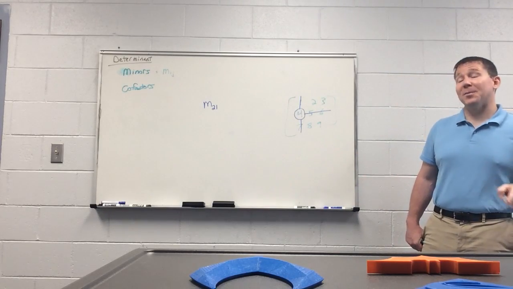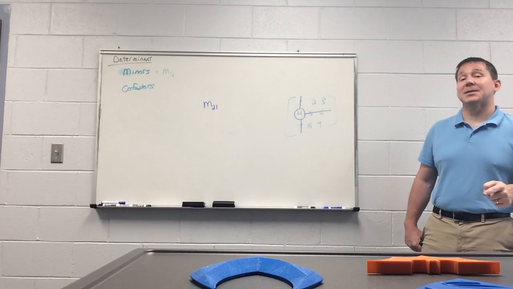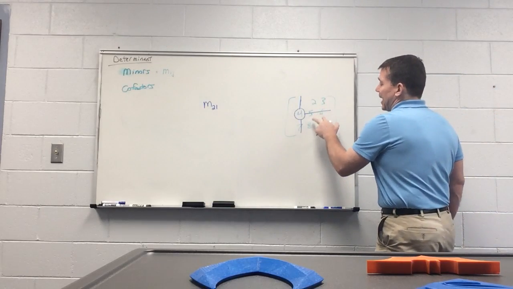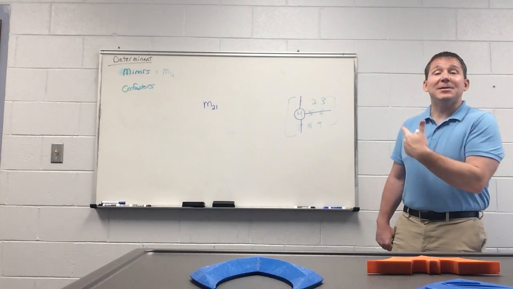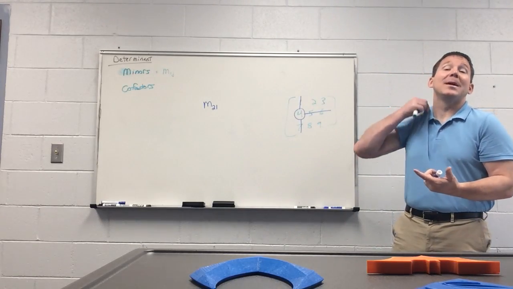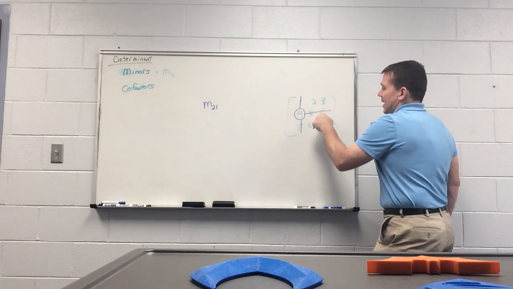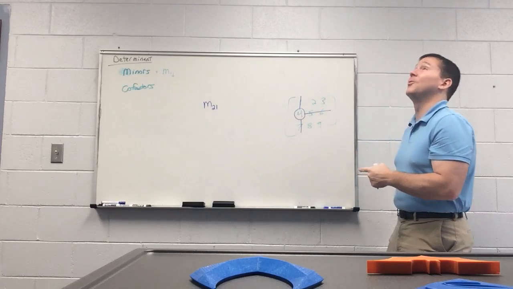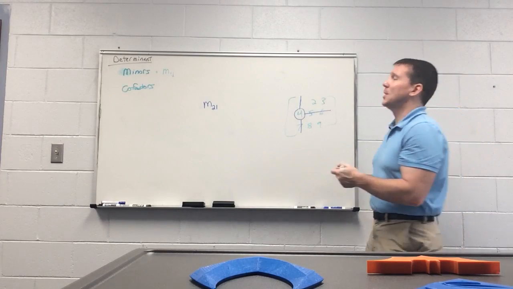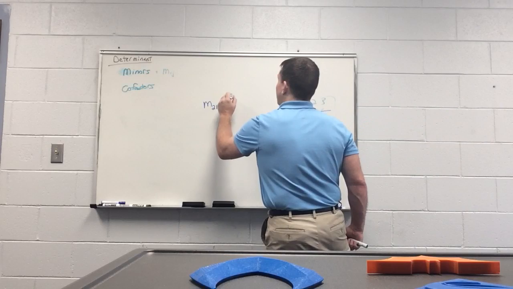Now you find the determinant of the resulting matrix. So in this case, I have a 2 by 2 matrix right here. Now I find the determinant of that using my trick for 2 by 2 matrices. In this case, 9 times 2 is 18, minus 3 times 8 is 24. 18 minus 24 is negative 6.